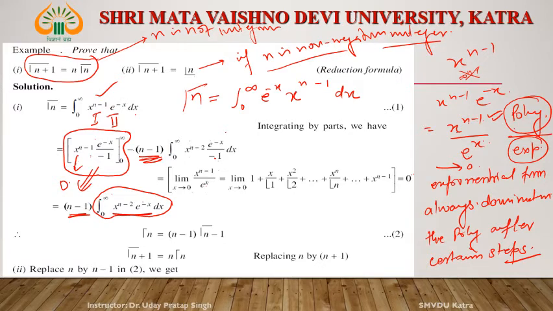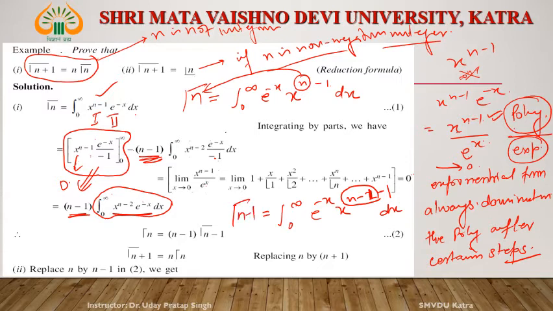Now the integral of e to the power minus x times x to the power n minus 2, where n minus 2 can be written as n minus 1 minus 1, is gamma n minus 1.